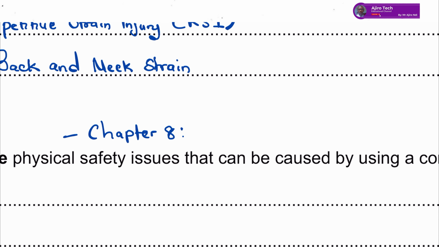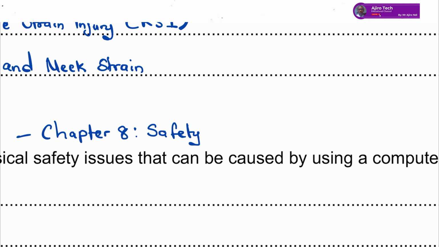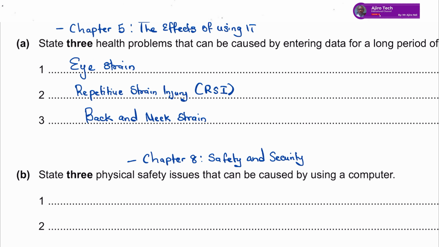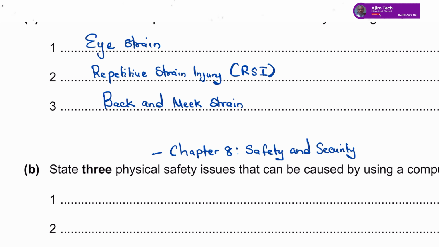In all my videos, I always give the chapters of where the questions are being set: safety and security. Now you see this under physical safety, right? The physical safety. Very important. So the first one I want to talk about, physical safety: state three physical safety issues that can be caused by using a computer.